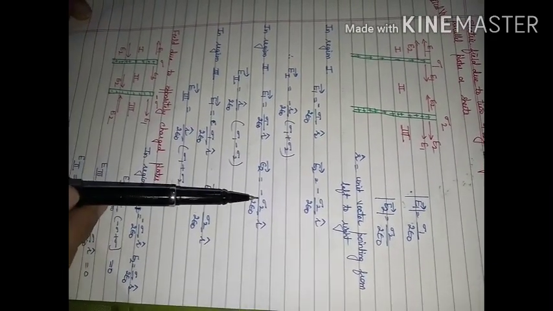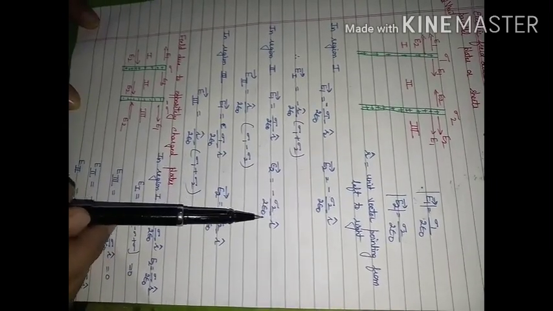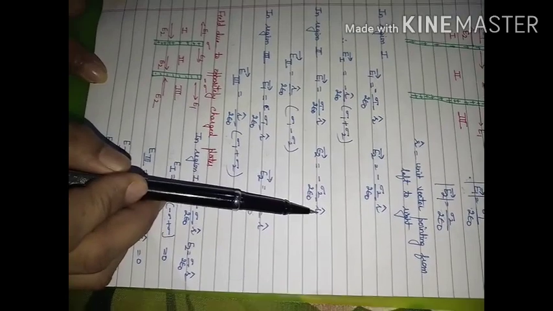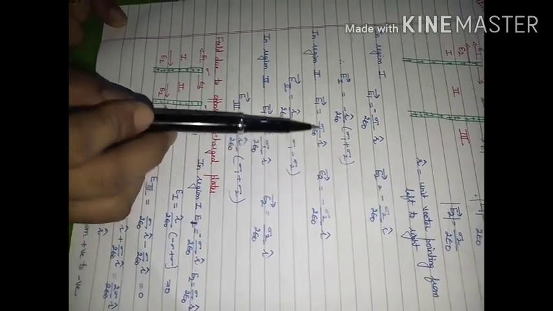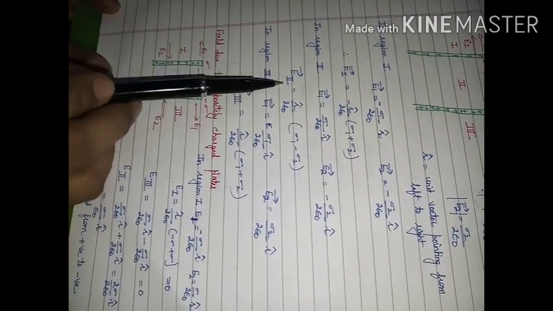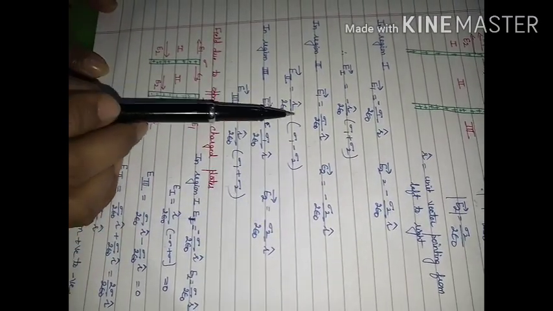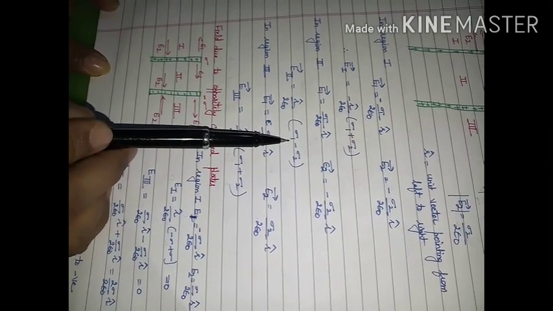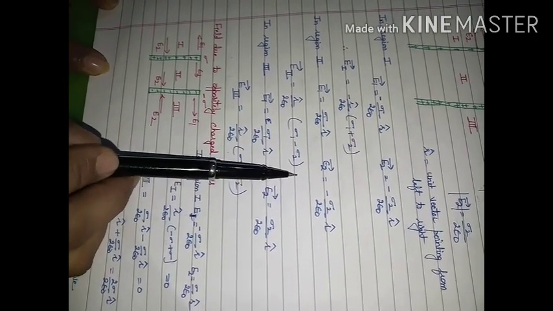E2 will be equal to minus sigma 2 upon 2 epsilon naught R cap. Here E2 and R cap are in opposite directions, and here E1 and R cap are in the same direction. So what will be the net field? The net field will be the addition of these two. R cap upon 2 epsilon naught will come outside, and inside we are left with sigma 1 minus sigma 2.